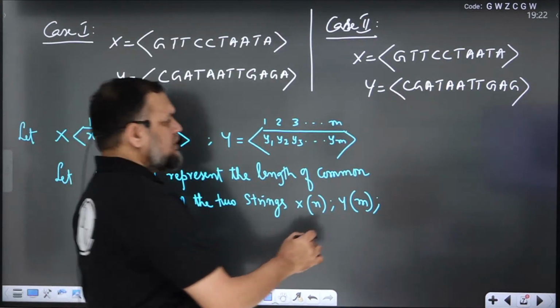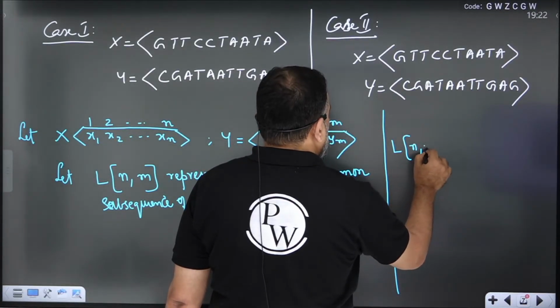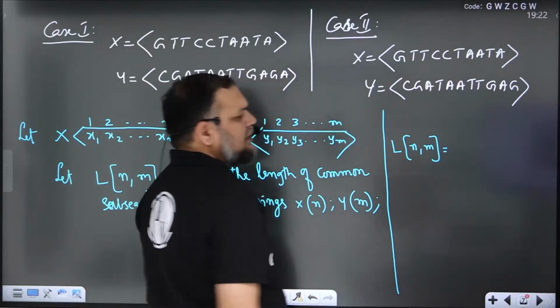So now the question is, how are we going to derive the formula for L of n comma m? This can be done in two cases.